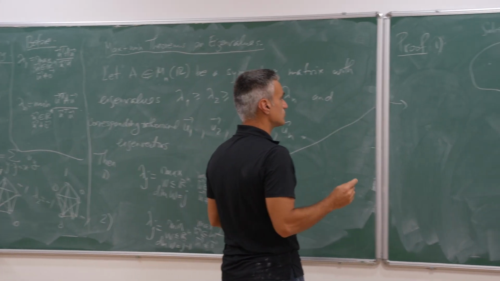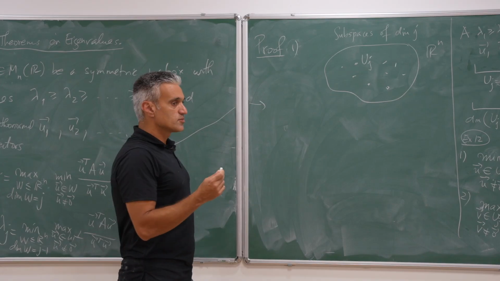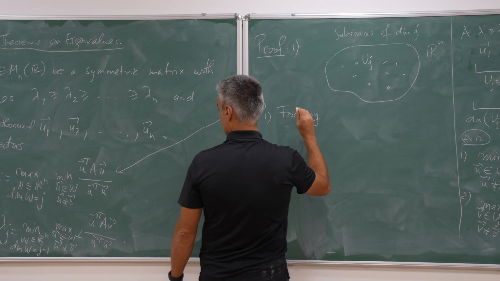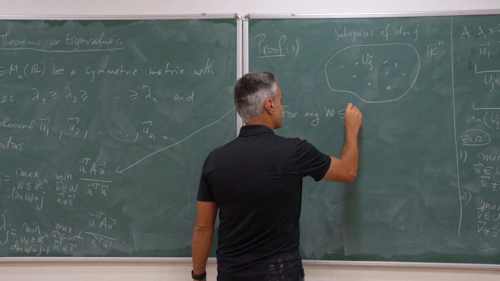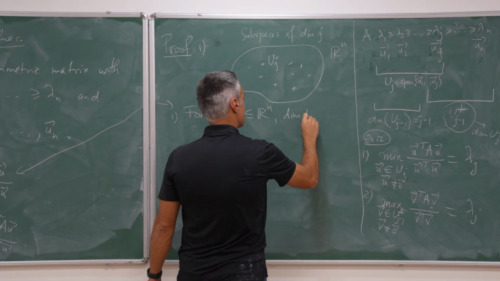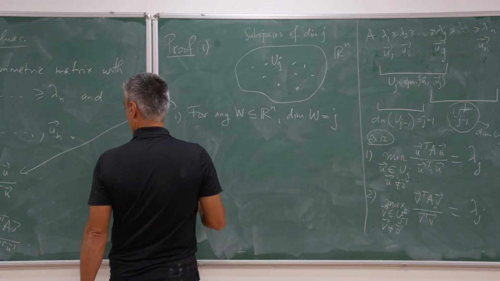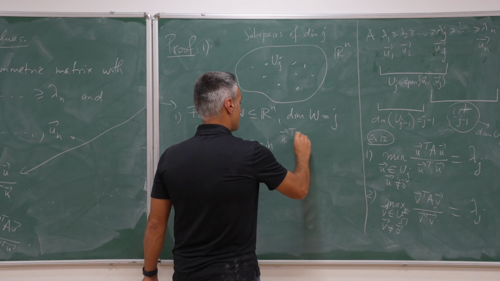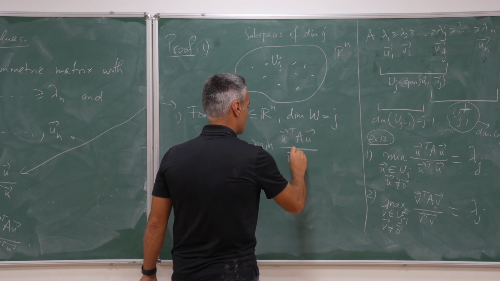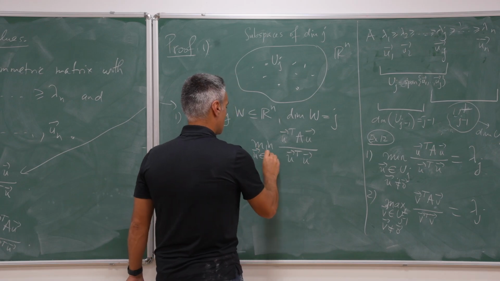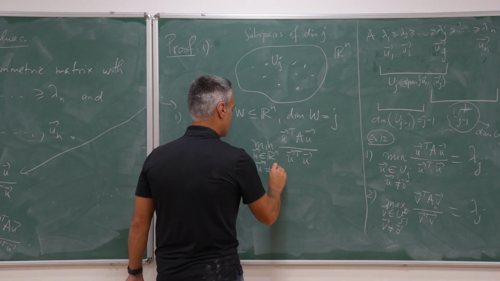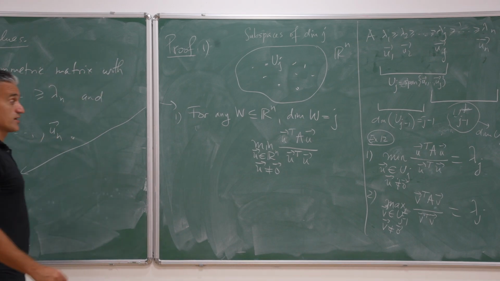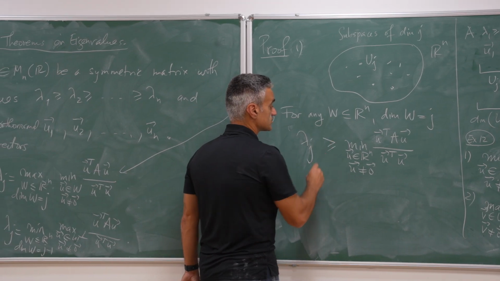But to show this part, we have to do two things. One, we've kind of already done it, but then we have to do another thing. So one, for any W subspace of Rn with dimension of W equals j, I'm going to look at this quantity, the minimum of, and I want to prove that if I take this minimum, lambda j always beats it.